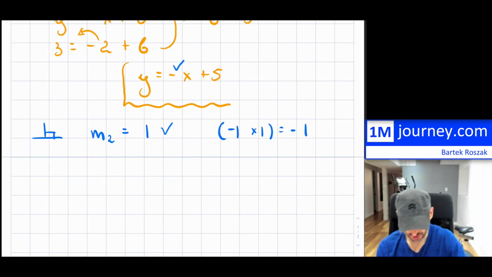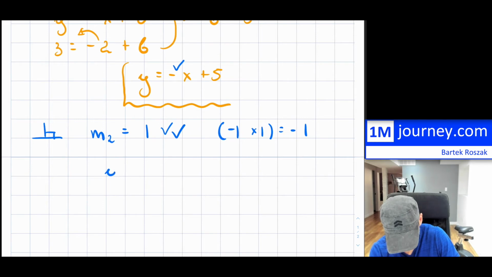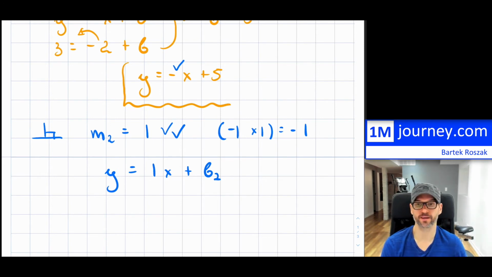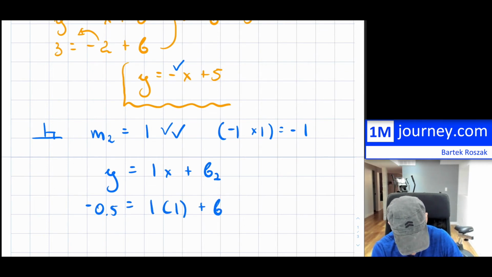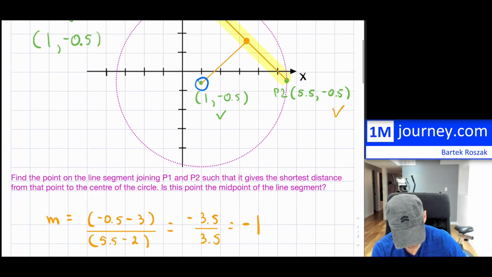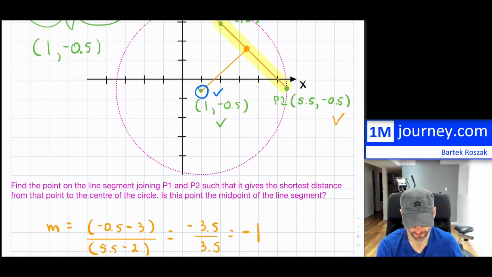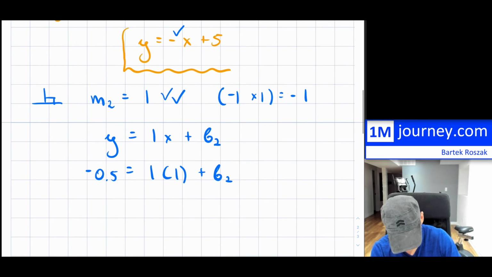Now we have our slope, and I'm going to create my equation of the line. That's going to be my second b. Let's plug it in. I'm plugging in my center point right there, bringing this over to the other side.